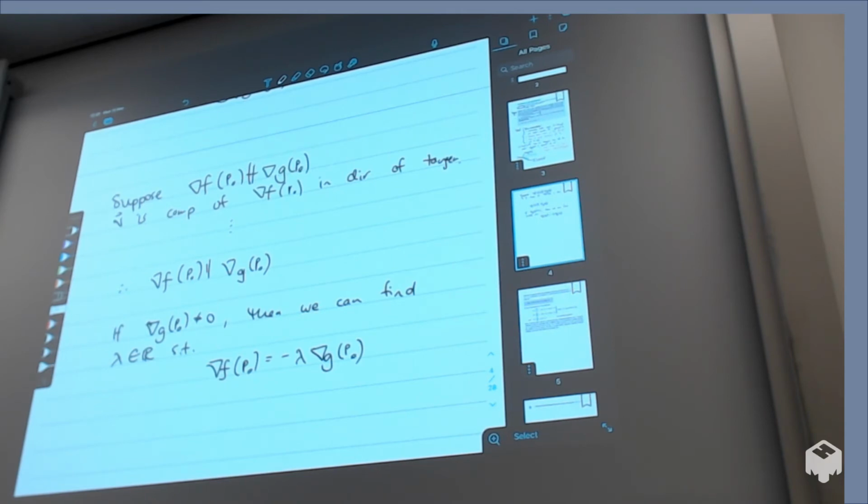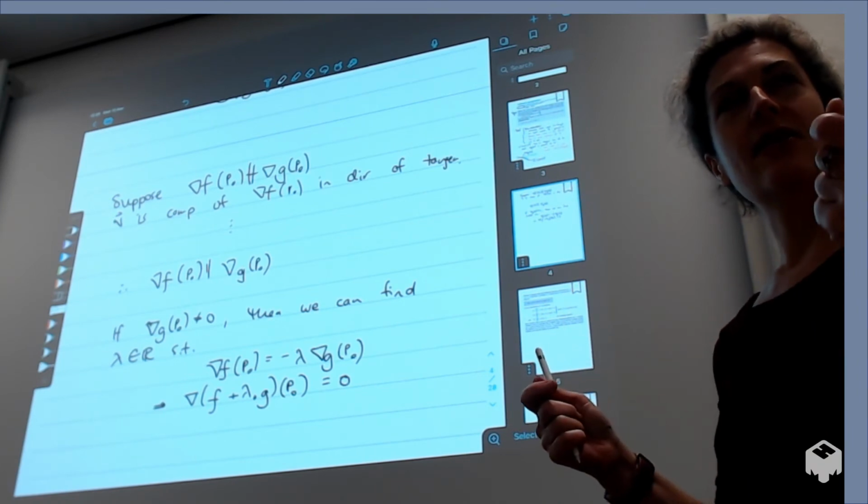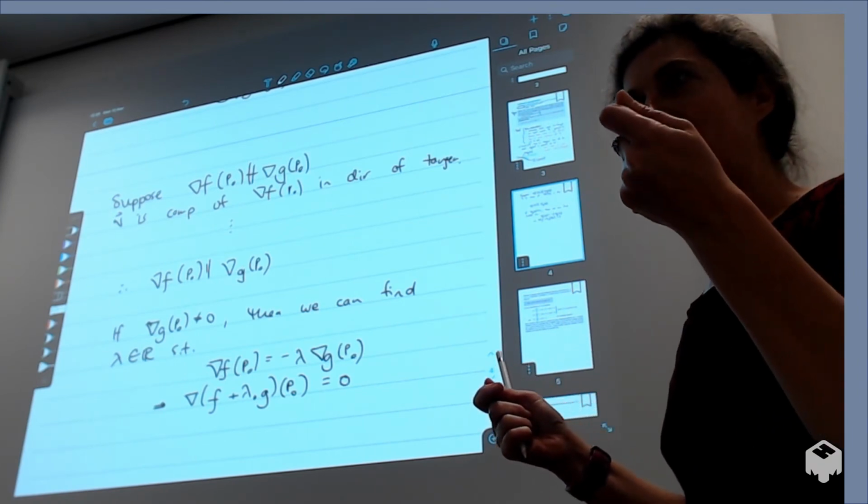Okay? Bear with me, I have one more step, so I'm going to rewrite that to say that the gradient of this function is equal to 0. Okay, and that is kind of the key thing.